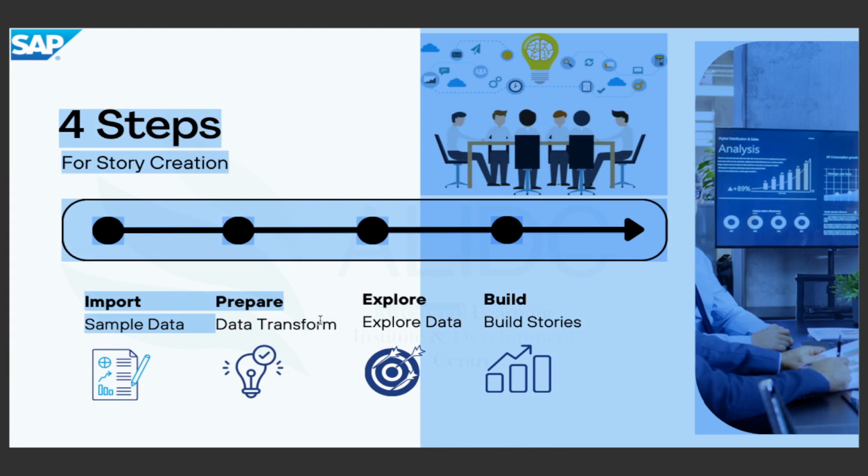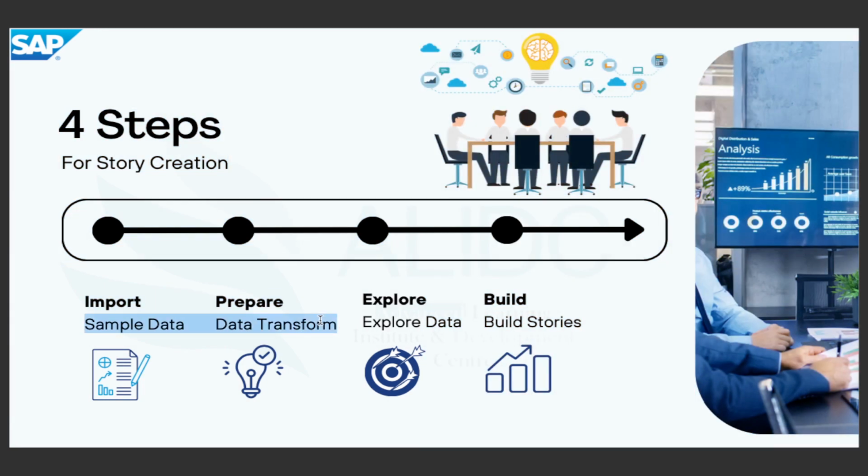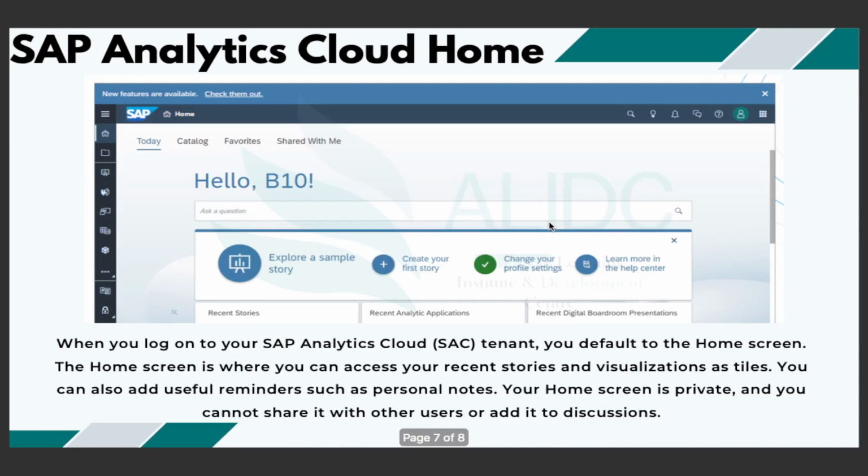Like you have some blank values, you have something to change, so you transform the data, you prepare the data. The third step is you explore the data. When you explore, you see there's no error, everything is valid. And the last step is you build the story. So let's jump into the system.